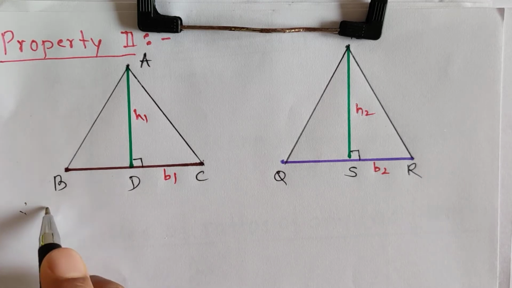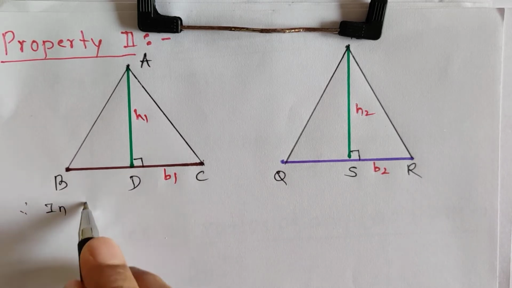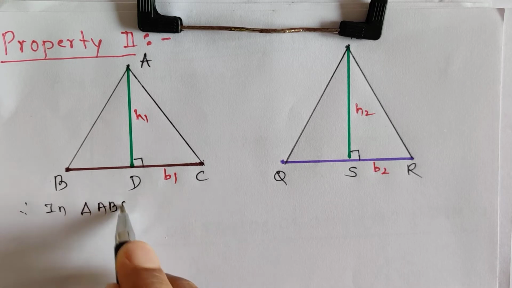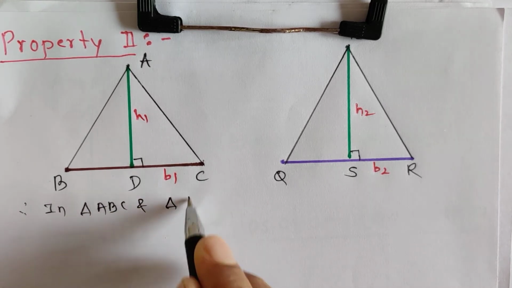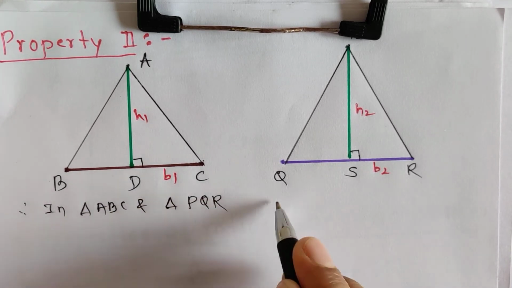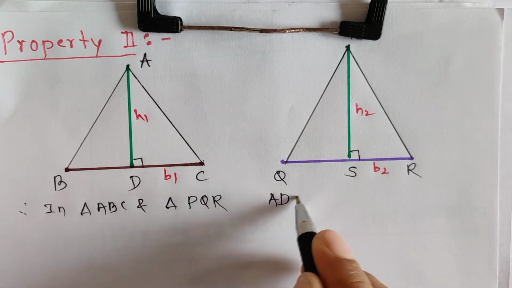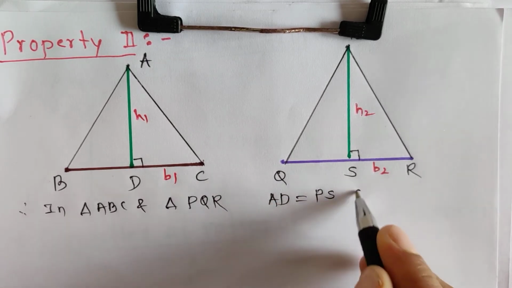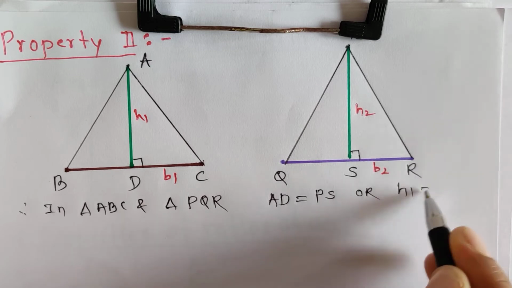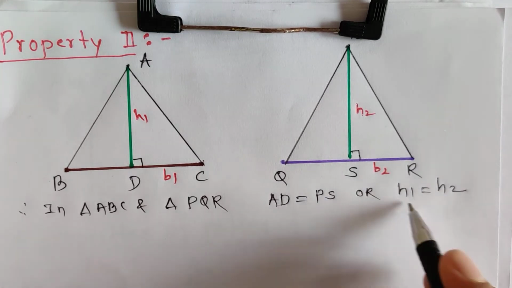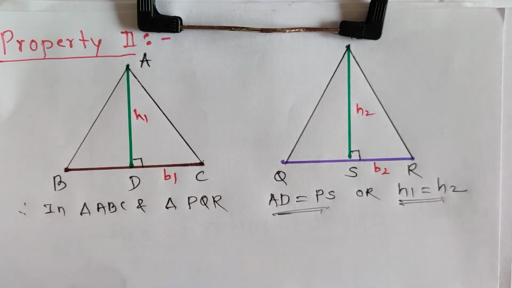So what can we write? In triangle ABC and triangle PQR, AD equals PS, or H1 is equal to H2. That means their heights are equal.